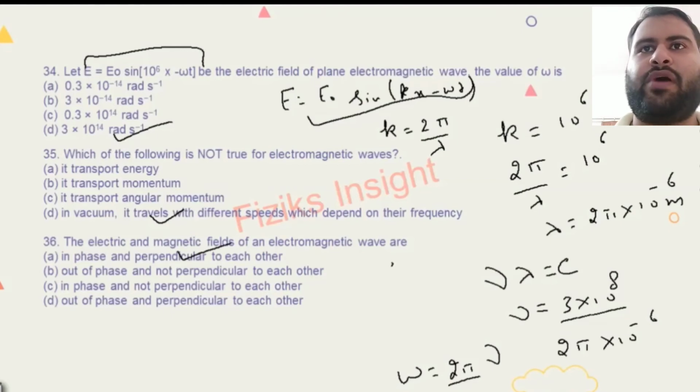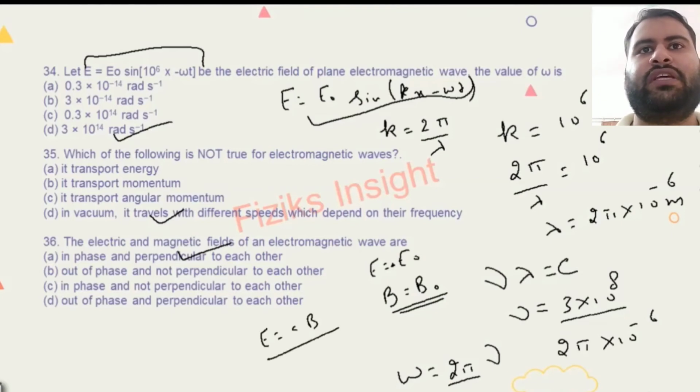Because at the time for which the electric field is maximum, the value of B also represents the maximum value, that is B naught, as you can relate with the equation E is equals to CB. So at the time where E is maximum, at the same time B will be maximum. So that's why they will be in phase with each other.